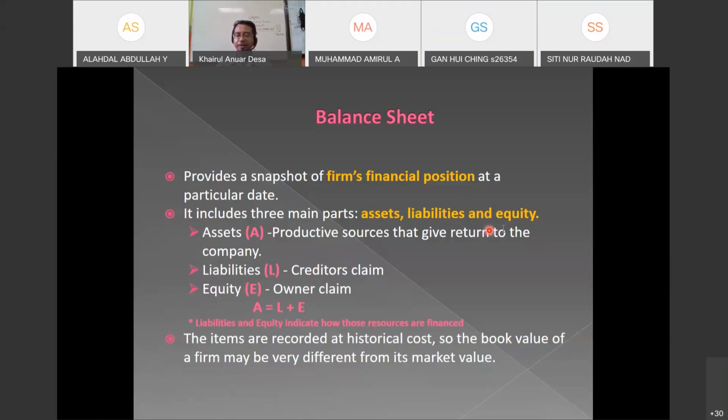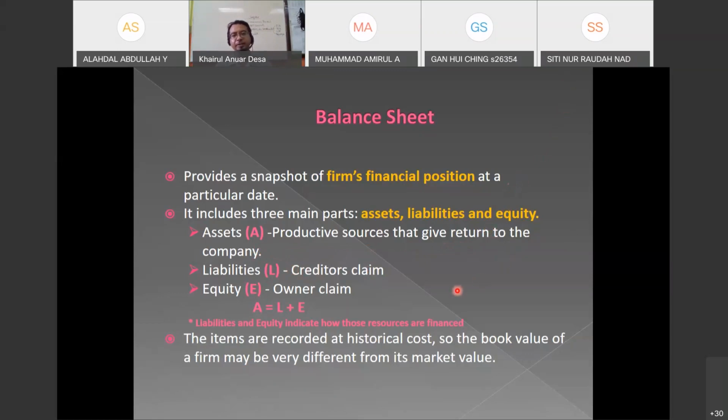So what is the content of the balance sheet? Apakah kandungan ataupun isi bagi kunci kira-kira? Number one, to show asset conditions ataupun kedudukan asset standing for this company. Asset, tahu kan asset? Okay. Asset is the productive sources that give return to the company.